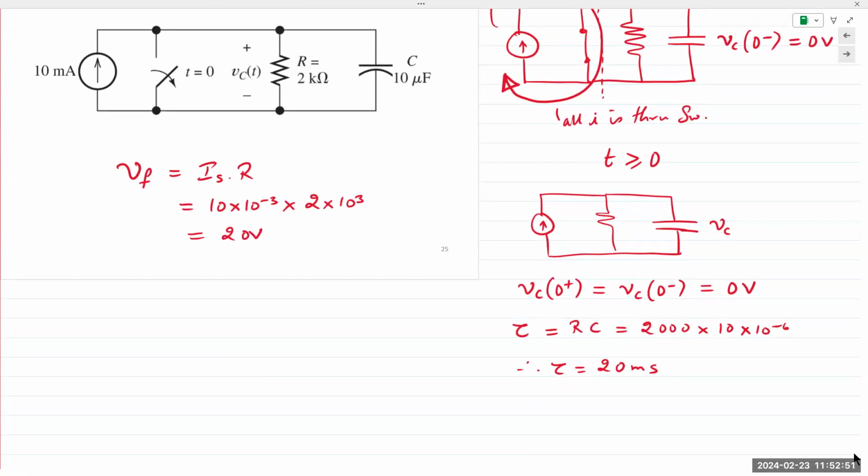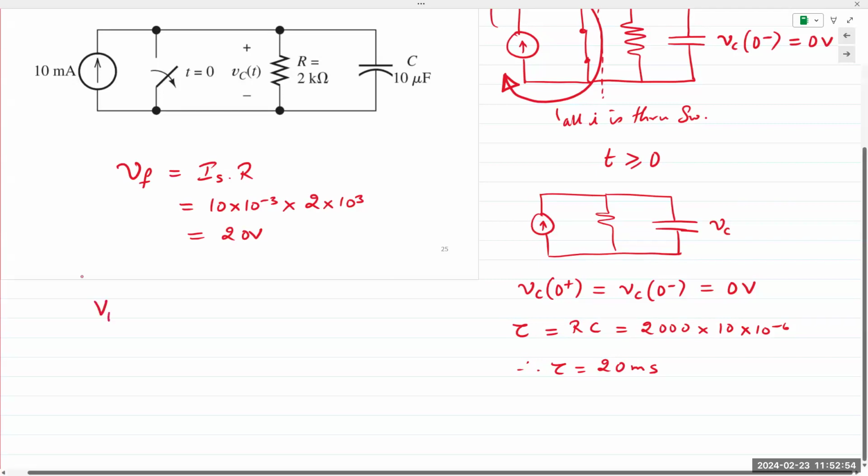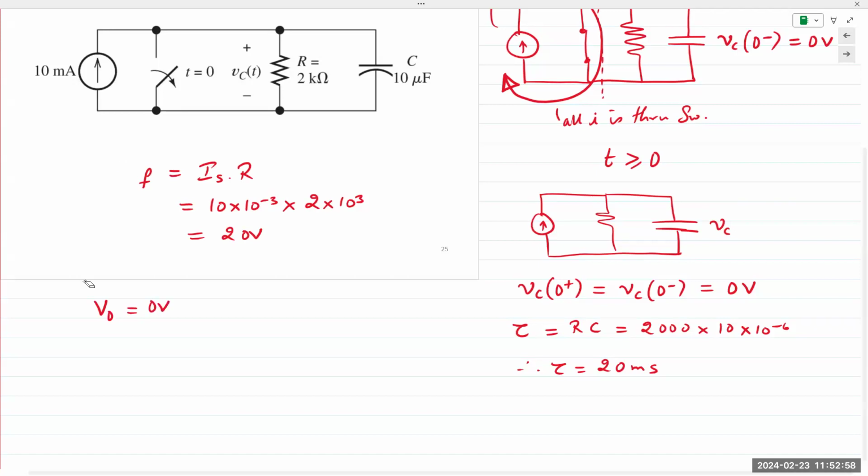V0 is 0 volts, and VF is 20 volts. I can directly write an expression for VC of t as VF plus (V0 minus VF) times e raised to minus t over tau.